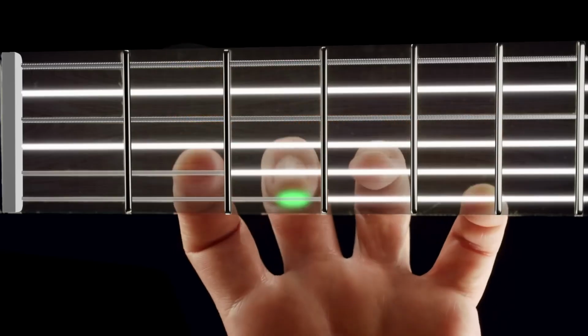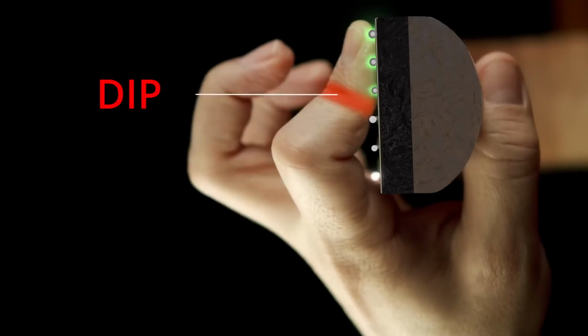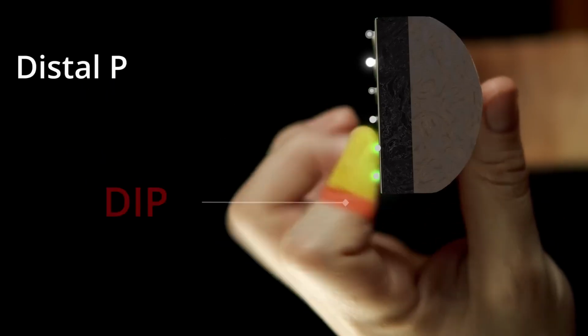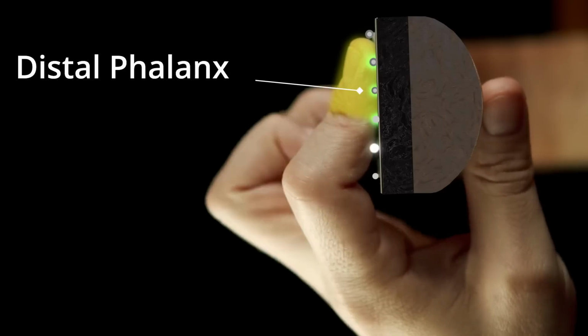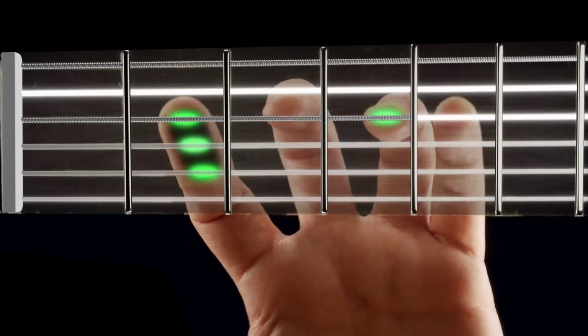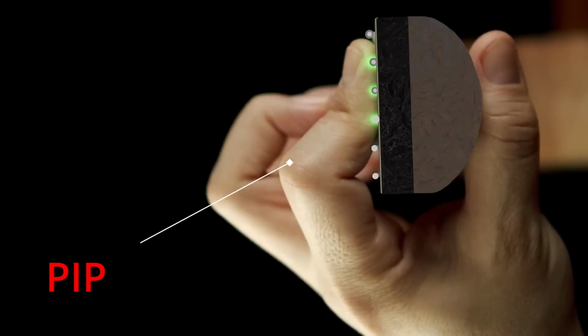To do so, we can relax the DIP joint and allow the distal phalanx to make contact with the pad by allowing the flexion of the PIP to tilt the phalanx as we press.